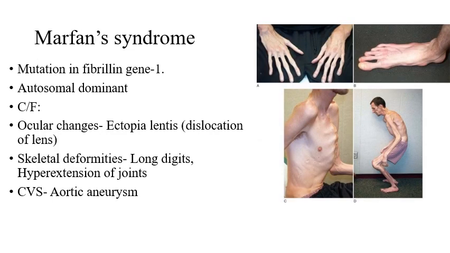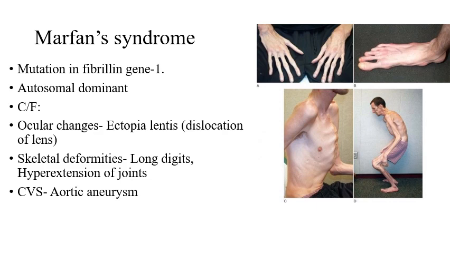The disease associated with defective fibrillin is Marfan syndrome. Mutation in the fibrillin gene 1 will lead to a syndrome called Marfan syndrome, and it is autosomal dominant in nature. The clinical features include ocular changes, skeletal deformities and cardiovascular abnormalities.